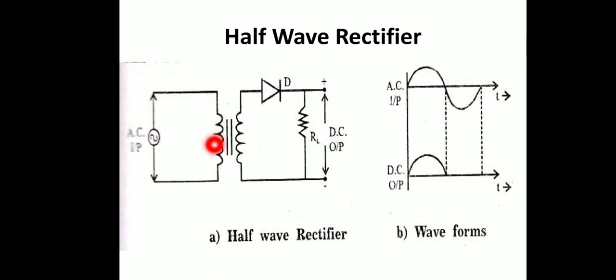At the primary side there are maximum windings, and at the secondary side there are fewer windings as compared to the primary winding. So this complete transformer is called a step down transformer. This is a transformer which decreases the voltage at this secondary circuit side. So here we decrease the voltage level.